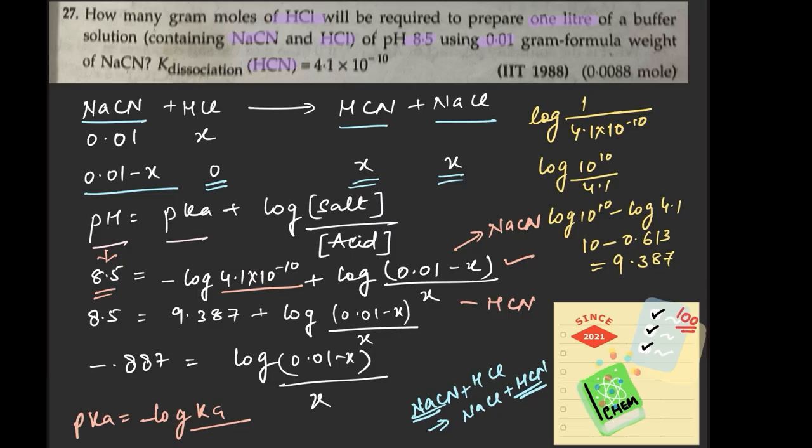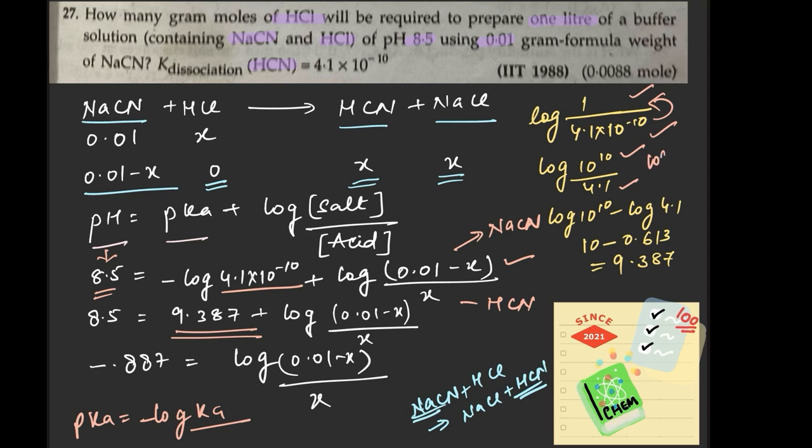Minus log 4.1 × 10^-10 is 9.387. Now how to find the log value? Minus log 4.1 × 10^-10 can be written as log 1 divided by 4.1 × 10^-10. This 10^-10 goes to the numerator and it becomes 10^10. So log 10^10 by 4.1.